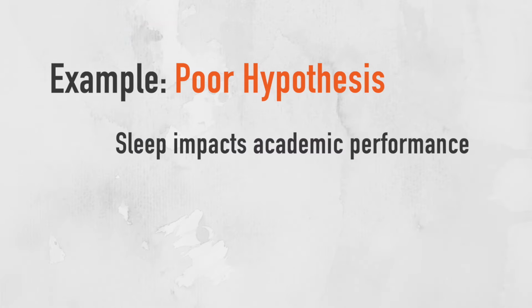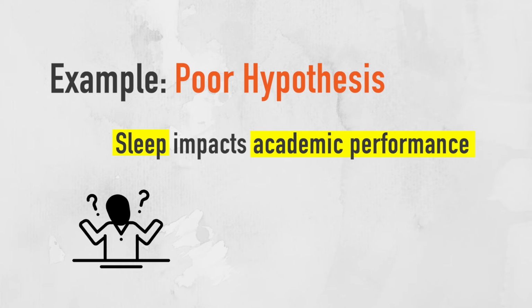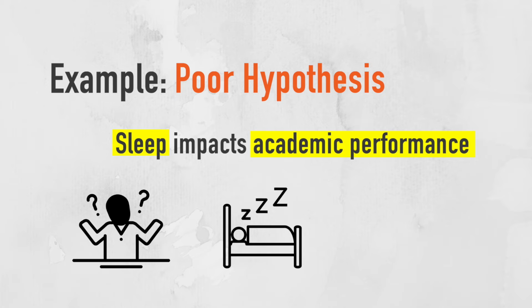Contrast that to the original hypothesis we looked at, sleep impacts academic performance, and you can see the difference. Sleep and academic performance are both comparatively vague, and there's no indication of what the expected relationship direction is, more sleep or less sleep. So, as you can see, specificity and clarity are key.